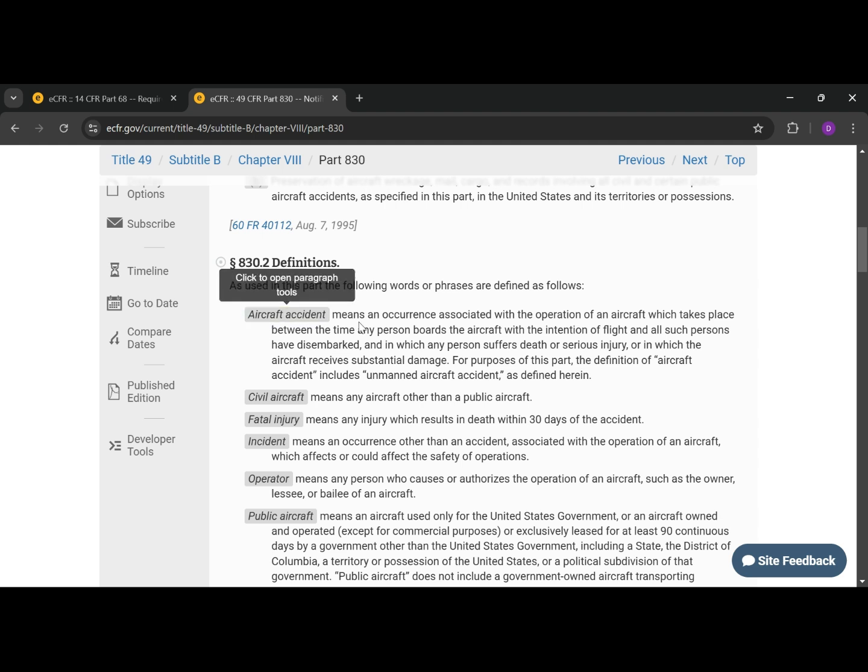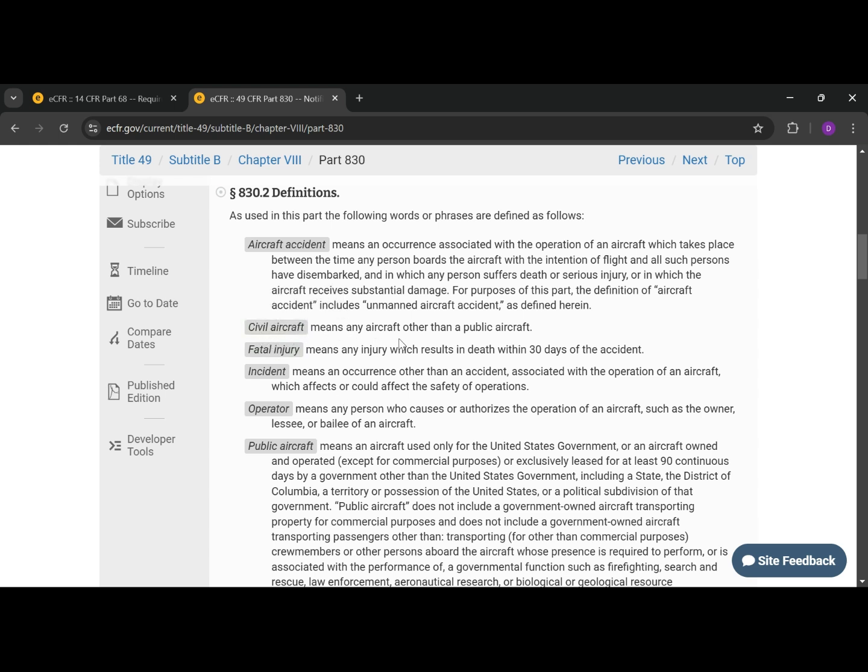An aircraft accident means an occurrence associated with the operation of an aircraft which takes place between the time any person boards the aircraft with the intention of flight and all such persons have disembarked, and in which any person suffers death or serious injury, or in which the aircraft receives substantial damage. For the purposes of this part, the definition of aircraft accident includes unmanned aircraft accident, as defined herein.